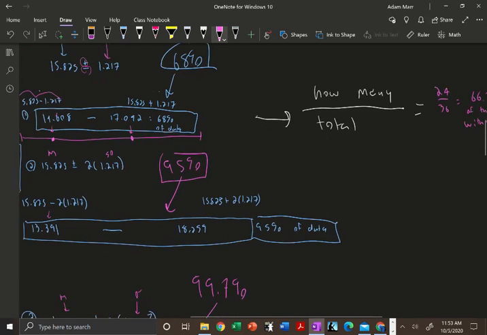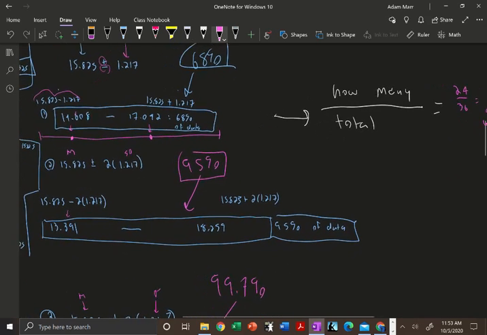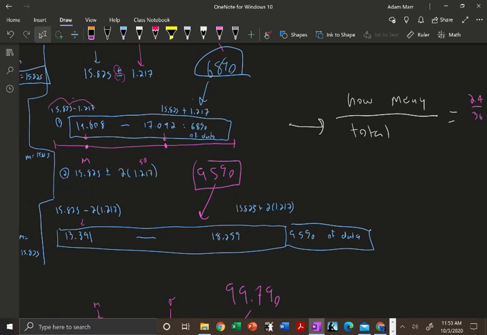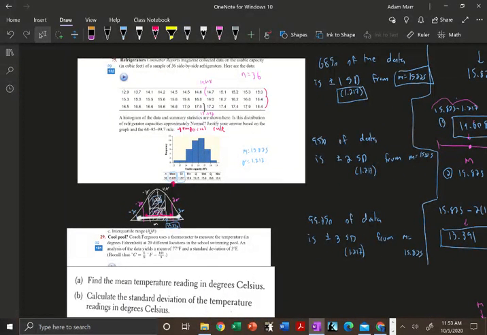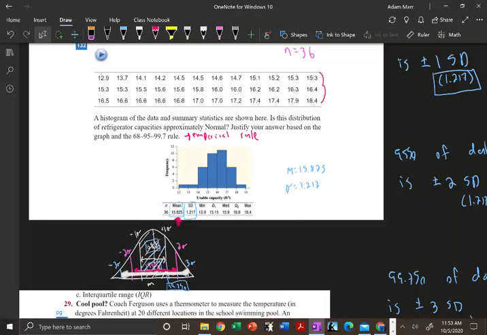All right, let's look at the next one. The next one we're talking about is 95%, and that's between 13.391 and 18.259. So 13.39 is about 13.4, right?